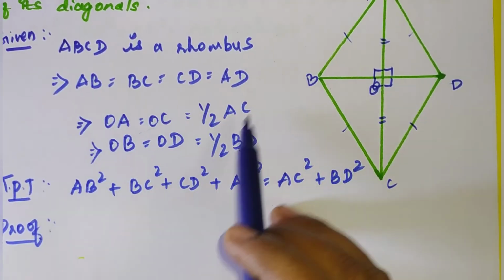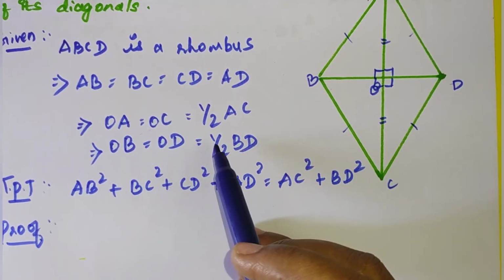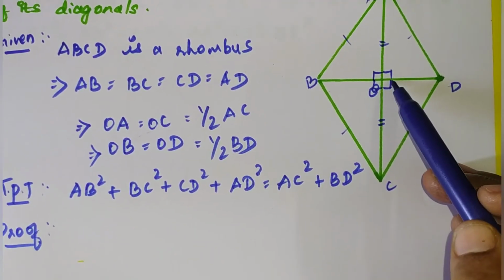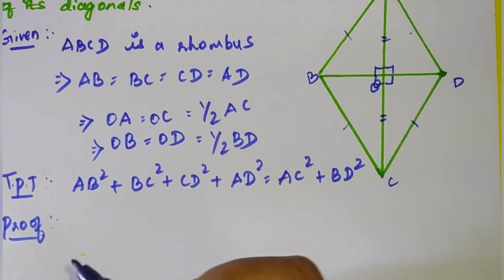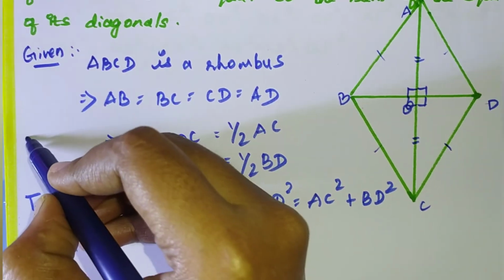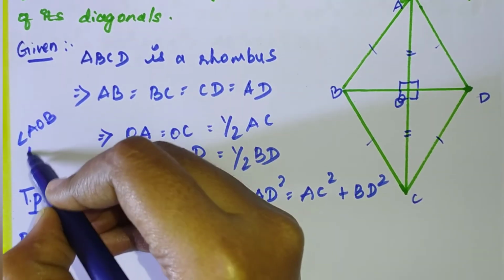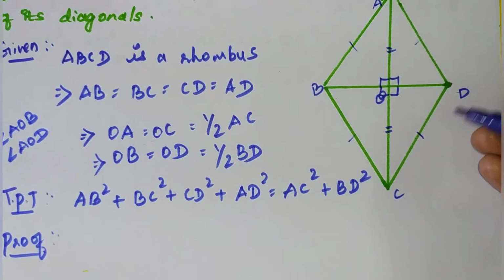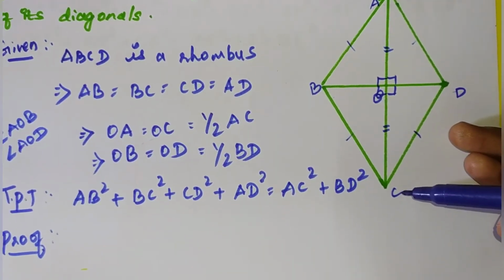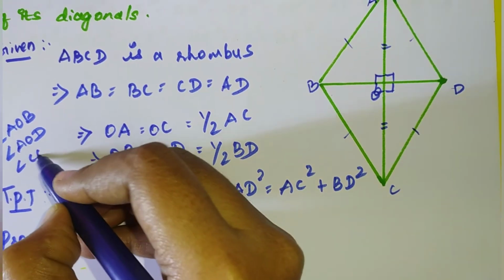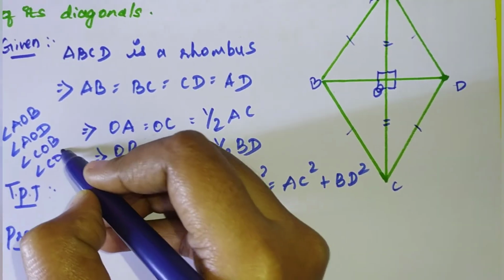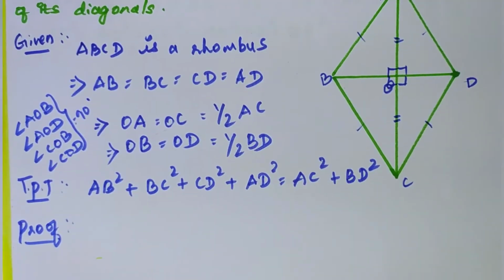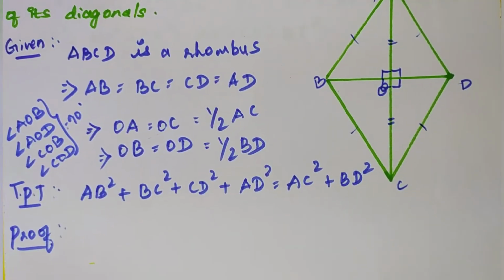And one more thing we can consider from the given, that the diagonals bisect each other at 90 degrees. So that also we can take, that angles AOB, AOD, BOC and COD, everything makes an angle of 90 degrees.